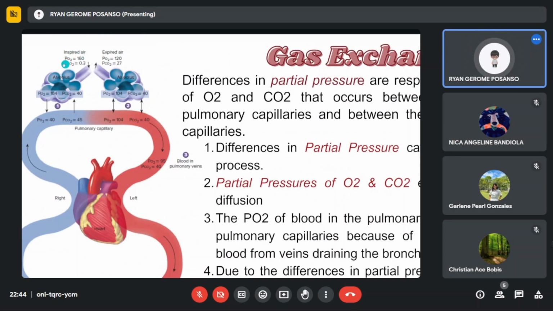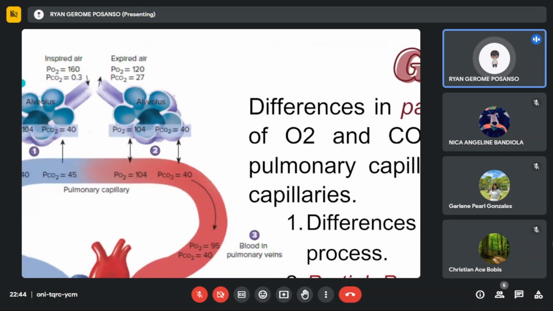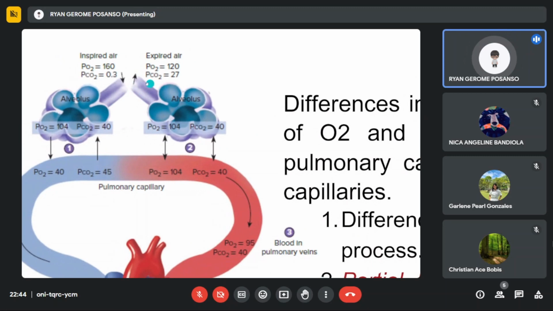The inspired air, as we can see here, is 160 mmHg, and the carbon dioxide is 0.3 mmHg. When it travels through the alveolus, it gradually decreases because along its way, moisture is added to it from when it is inspired. So differences in the partial pressure make it exchange.